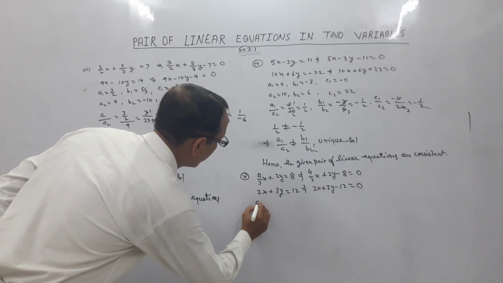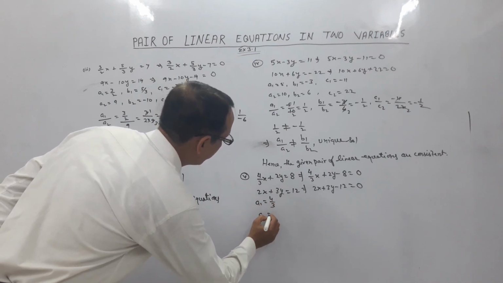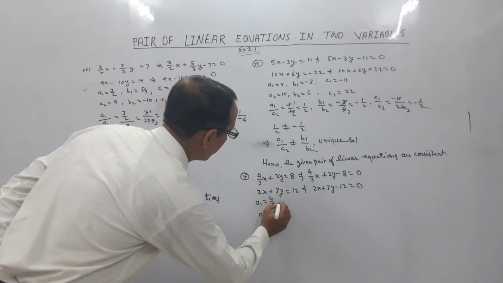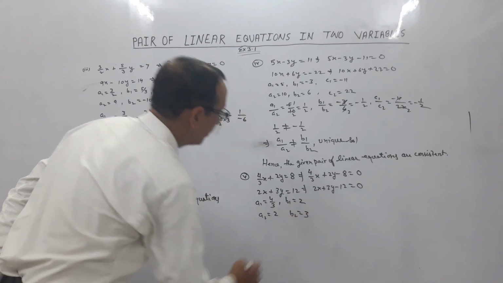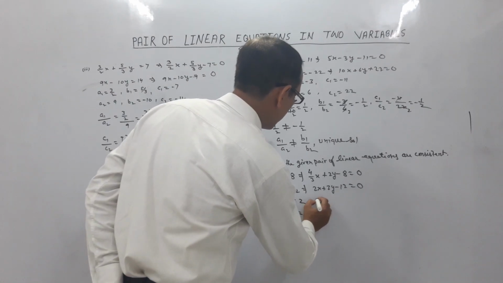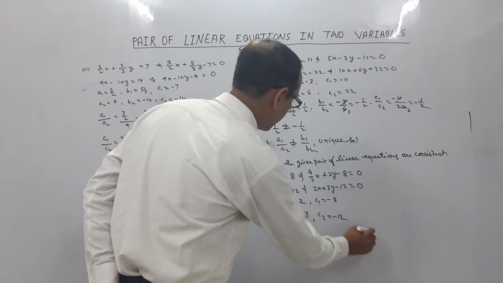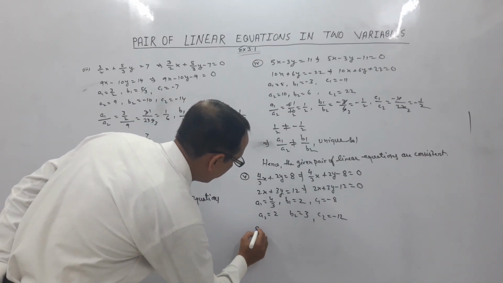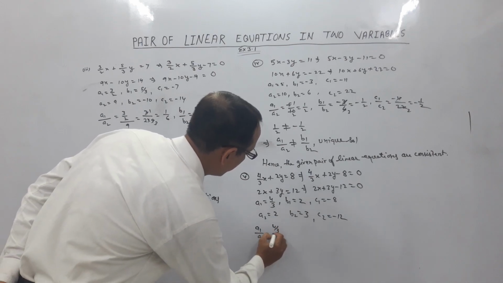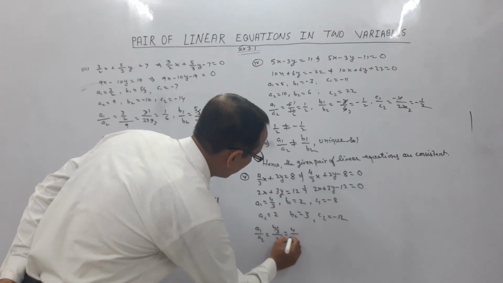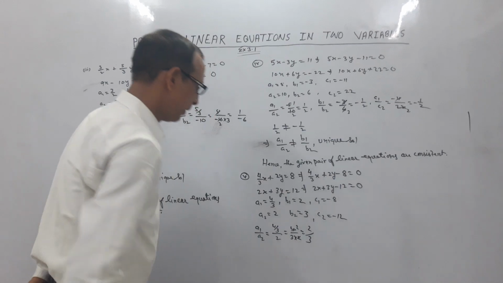So a1 equal to 4/3, a2 equal to 2, b1 equal to 2, b2 equal to 3, c1 equal to -8, c2 equal to -12. So a1 by a2 equal to 4/3 into 2, 2 2s are 4, so 2/3.